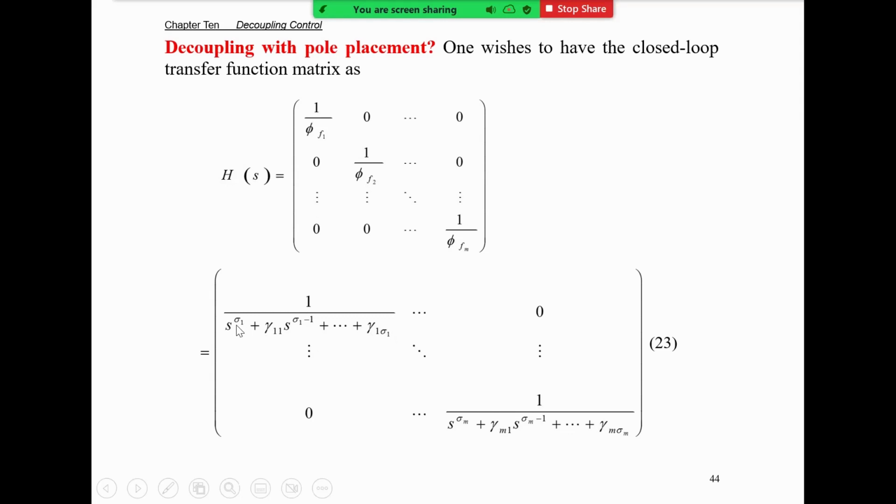But you look at the leading coefficients, where the degree of this polynomial is defined by the relative degree. Then you can make them stable. Well, so how are we going to do that?